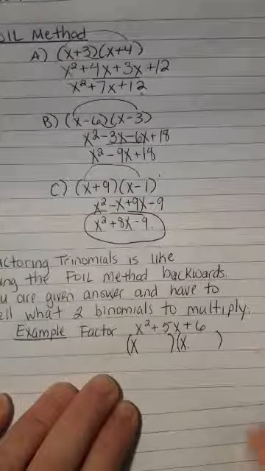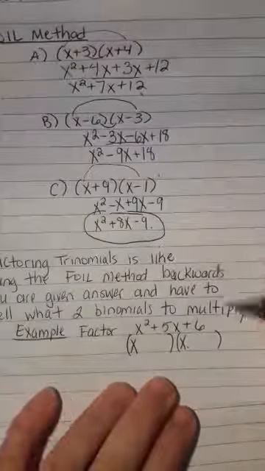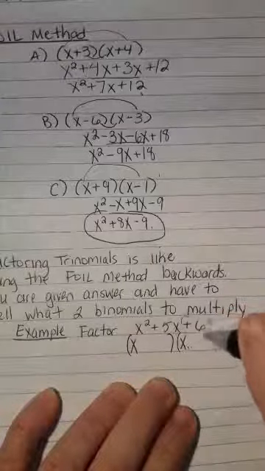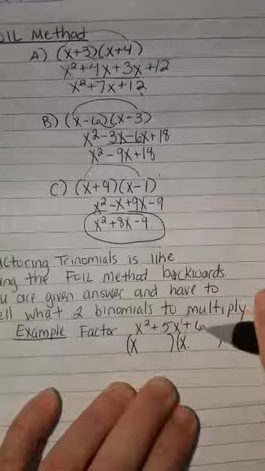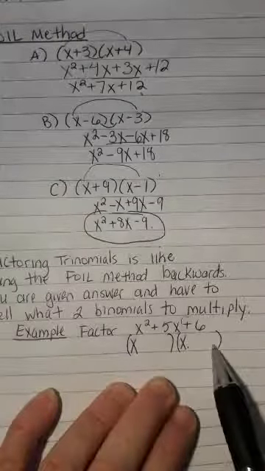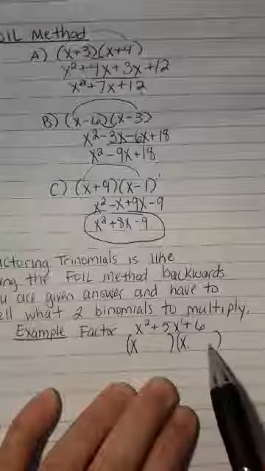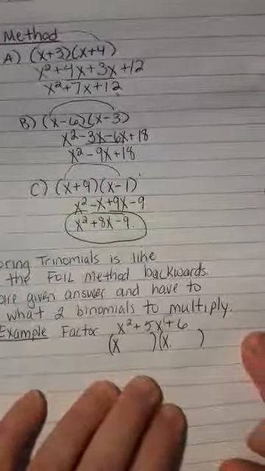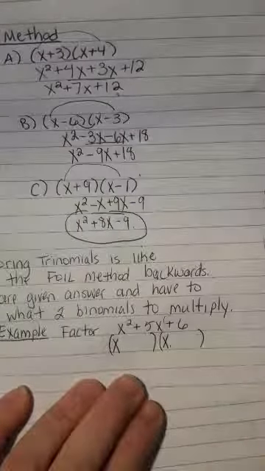Then what you need to do is jump down to the last term in the trinomial, and it's a positive 6. So what you're doing there is looking for factors of 6 to go here at the last of our parentheses, to multiply together to get 6. And there's usually several options.